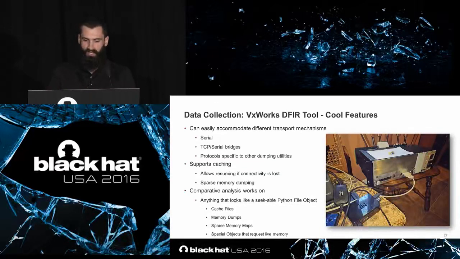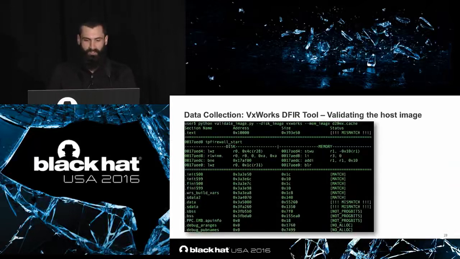As you can see in the picture, I'm connected to the GE D20MX via a Raspberry Pi, and I've got very little processing power to do anything comparative. So I wrote a quick tool to demonstrate pulling live memory, caching it, and then validating that it's good. Basically, this creates a mock process memory space, and I'm able to iterate over every instruction in the text sections, all of the data.